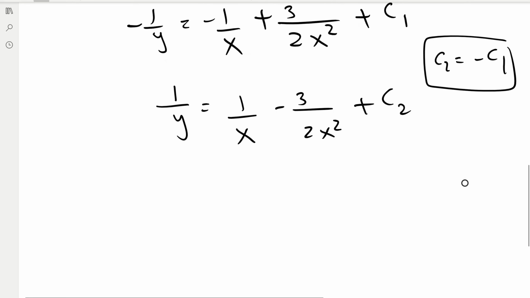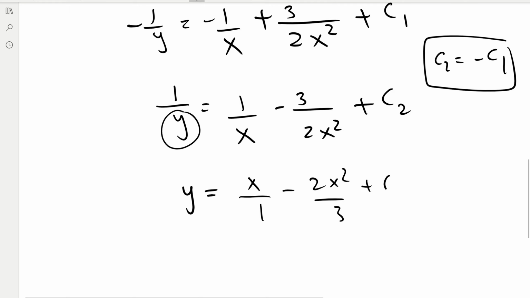Let's see. Now we want to find y explicitly. So what can we do? We can flip both sides. But that does not mean the solution on the right hand side is x over 1, 2x squared over 3, plus c3. Nope. If you're going to flip, you have to flip the whole thing.